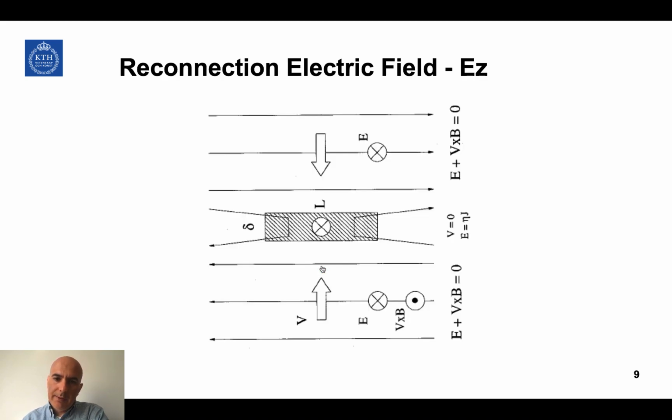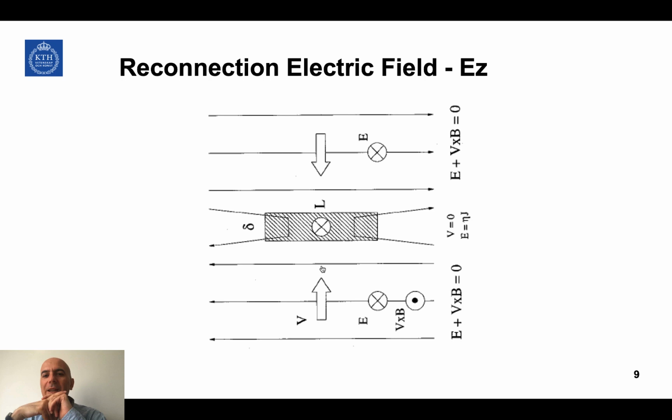So the last quantity that I want to check is extremely important, at least as important as the magnetic field when it comes to magnetic reconnection. One of the results of magnetic reconnection is the formation of an out of plane electric field.